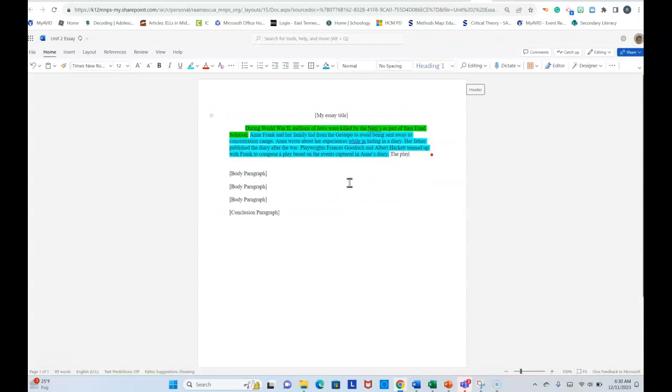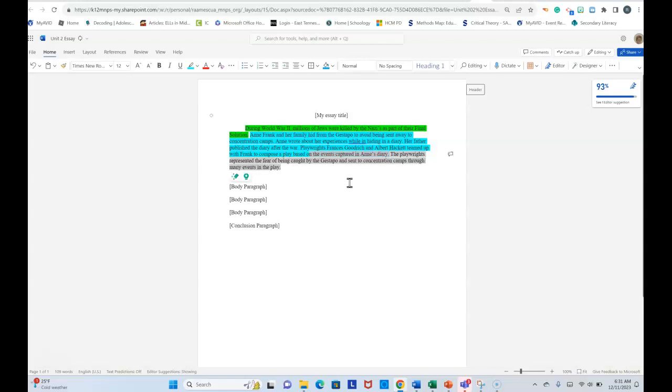The playwrights represented the fear of being caught by the Gestapo and sent to concentration camps through many events in the play.